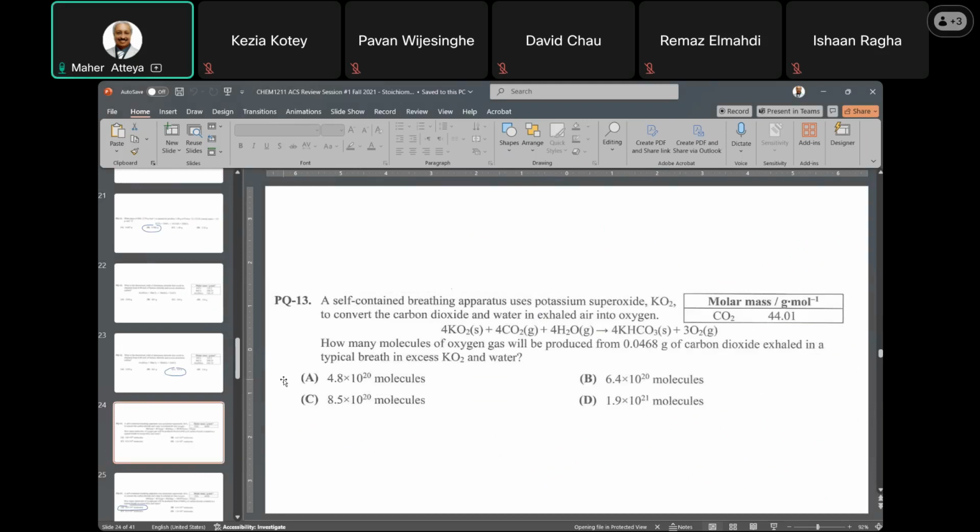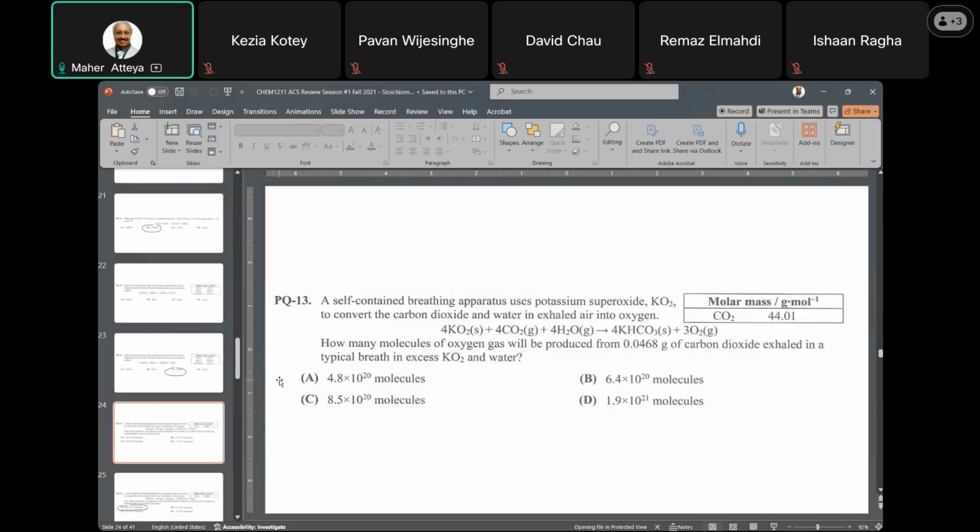Okay, let's do this stoichiometry with the Avogadro's. Whenever I have the number of molecules, the word molecules, atoms, ions, formula units, that means you have to introduce Avogadro's number into your calculation.